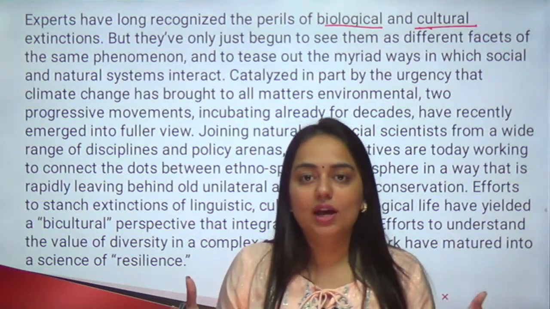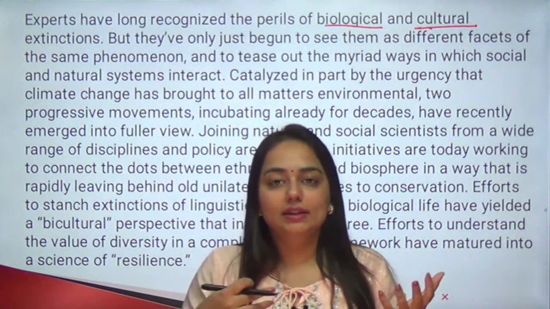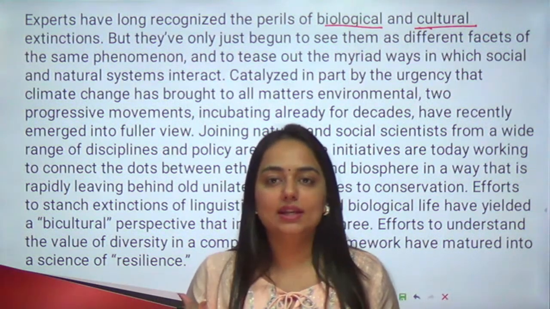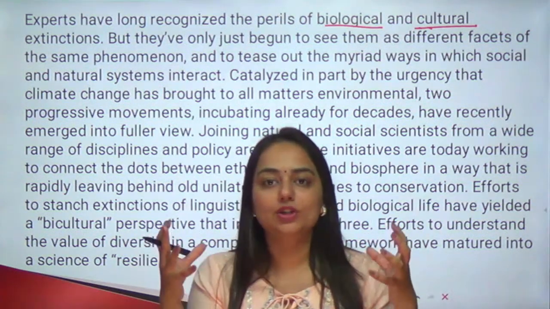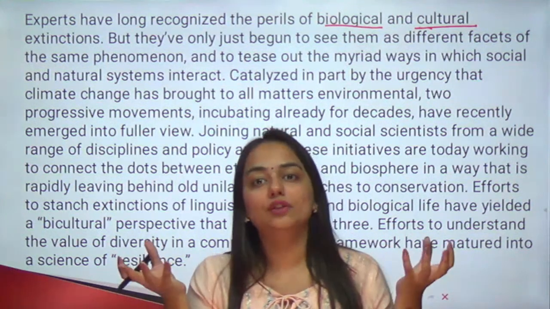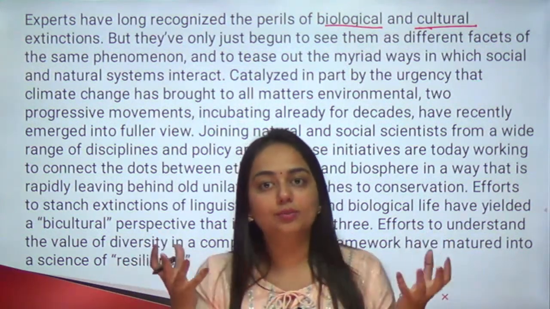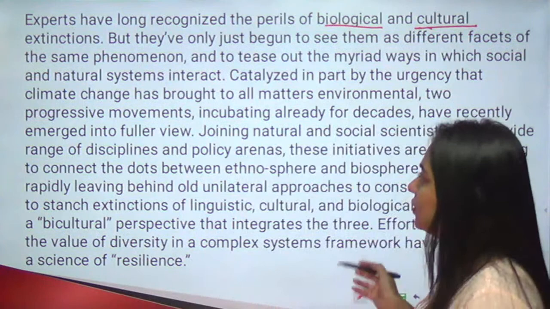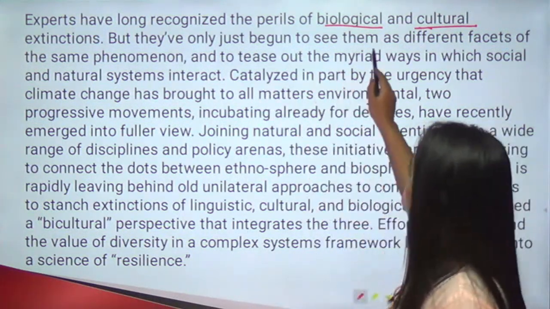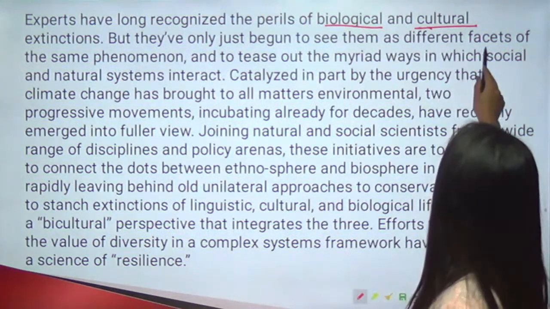And that is true. We have seen it from ages that our culture keep changing, right? It keeps updating. So he's saying that we should not mix these two fields or areas of study to study the human, to study the environment. Rather, we should understand them distinctively. So this is what the whole passage is going to be about. But they've only just begun to see them as different facets.